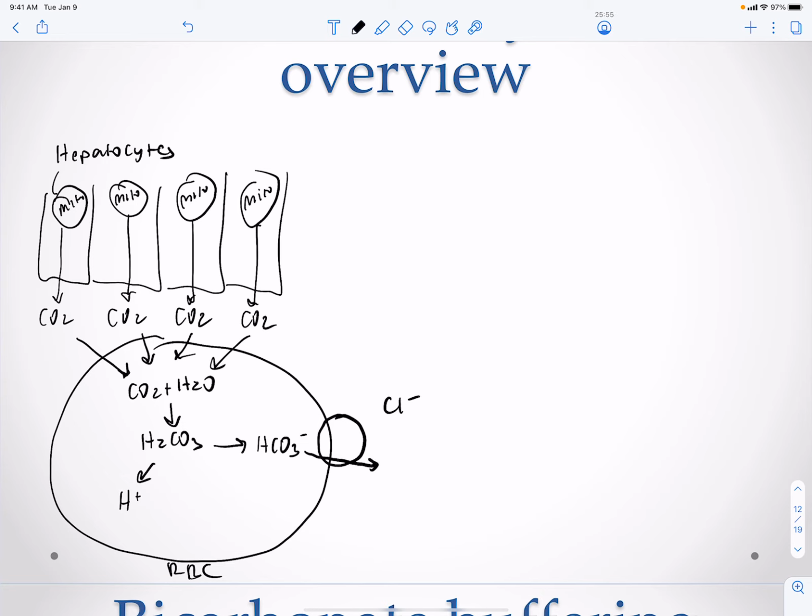And it is in exchange for one chloride ion coming in. So it's a one-to-one exchange. And then your hydrogen is going to be buffered by your hemoglobin, or by a phosphate.